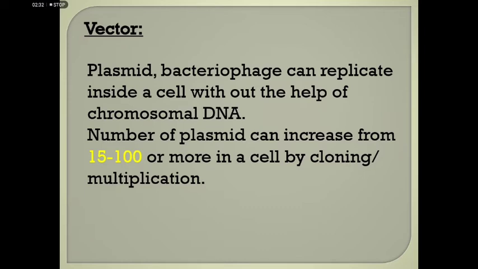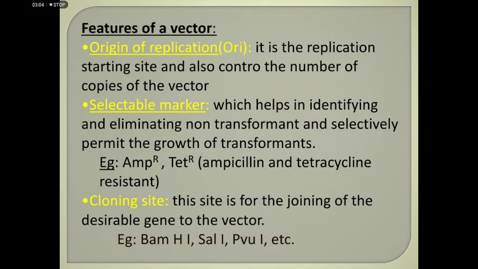If we alter the genetic material of bacteriophage, it may be converted into a mutated form and may cause diseases. In the case of plasmid and bacteria, it is comparatively easy to deal with. From 15 to hundreds of plasmids are present in a cell and can be increased by a process called cloning or multiplication.